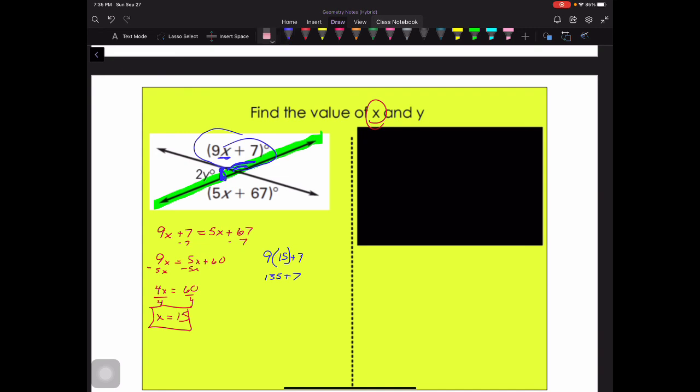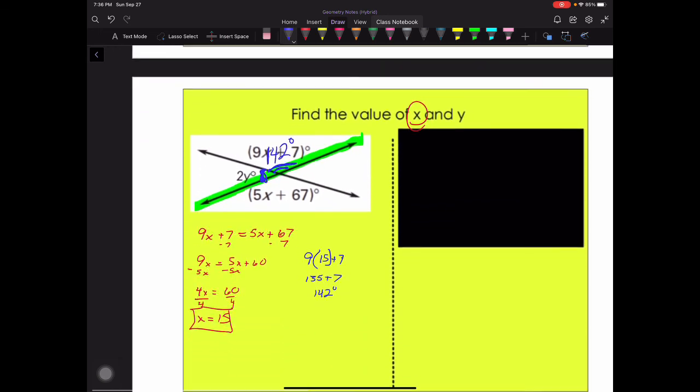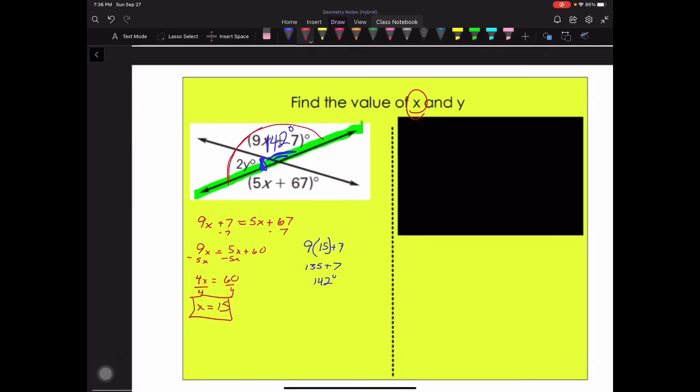So adding those together here, I'll clear up a little bit of my marks. We get 142 degrees. We know right here is 142 degrees.